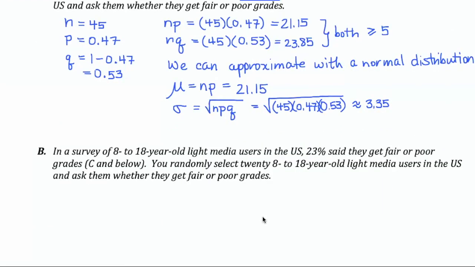In Part B, we have a survey of 8 to 18-year-old light media users in the US, and 23% of them said they get fair or poor grades. We're going to randomly select 20 of those 8 to 18-year-old light media users in the US and ask them whether they get fair or poor grades.